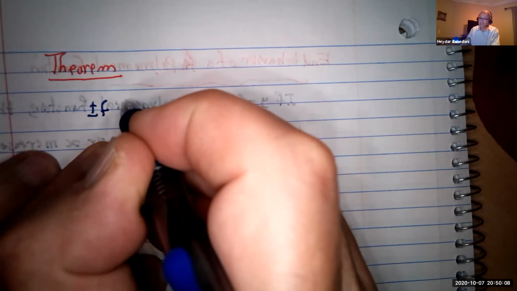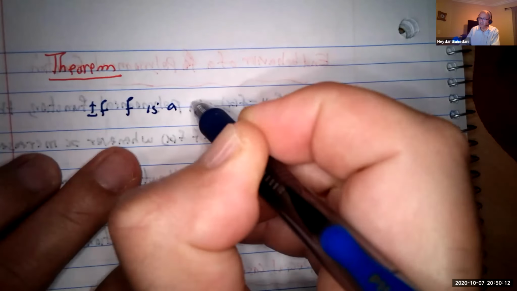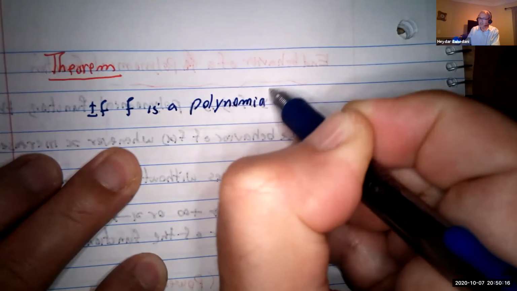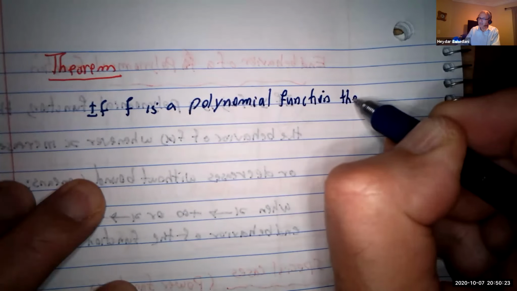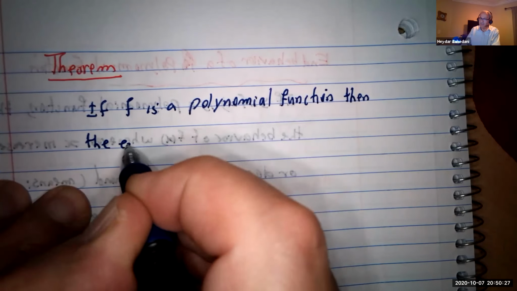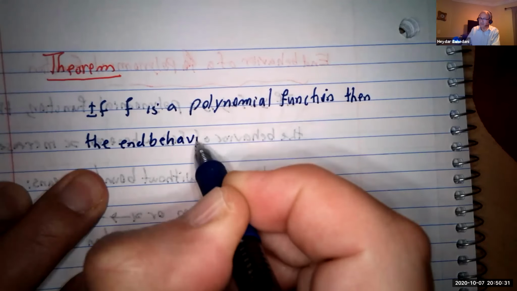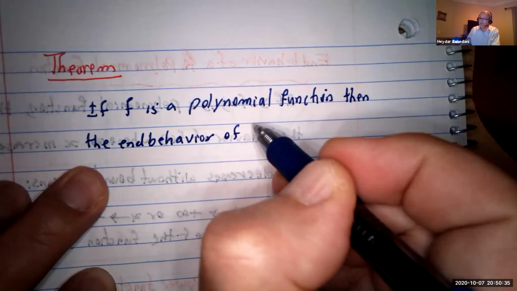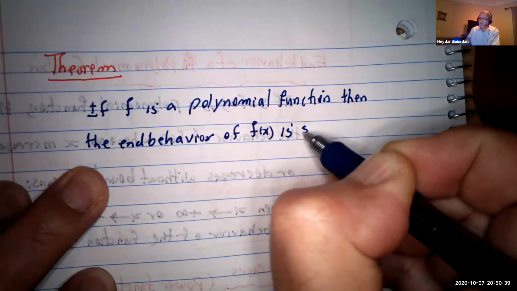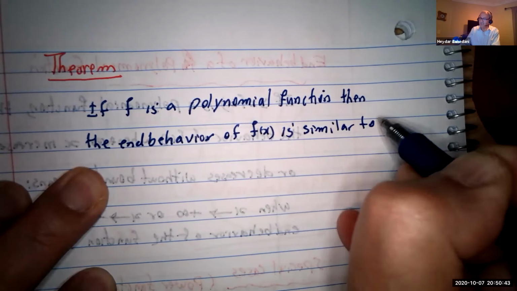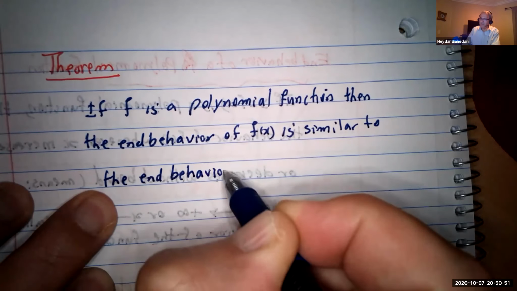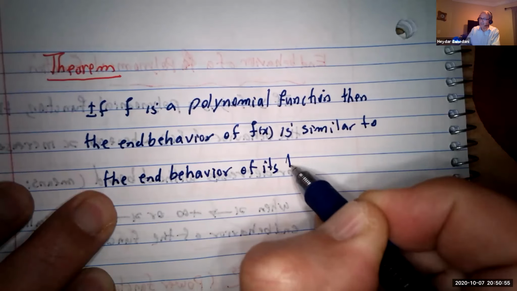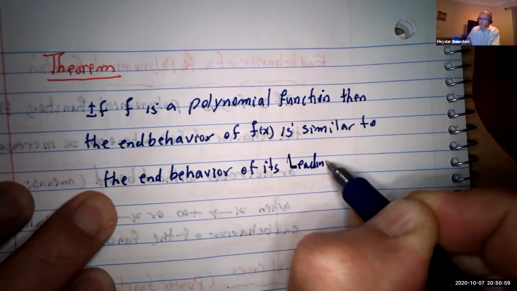If f is a polynomial function, we already defined it, then the end behavior of the function f of x is similar to the end behavior of its leading term.